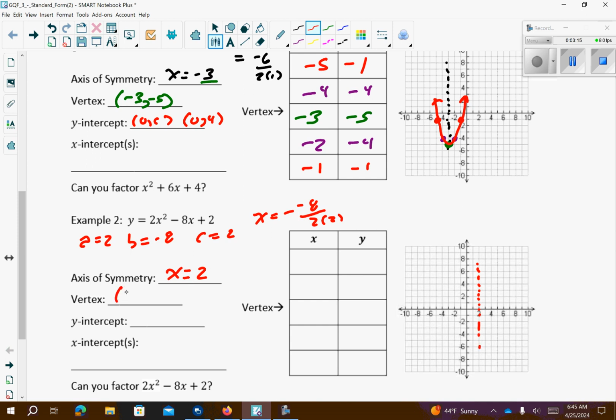So I know the x part of my vertex is this. Plug it in. So I get 2 squared is 4, minus 16, negative 8 times 2, plus 2. So that's going to give me 18 minus 16 plus 2. 18 minus 16 is 2. 2 plus 2 is 4. 2 comma 4.